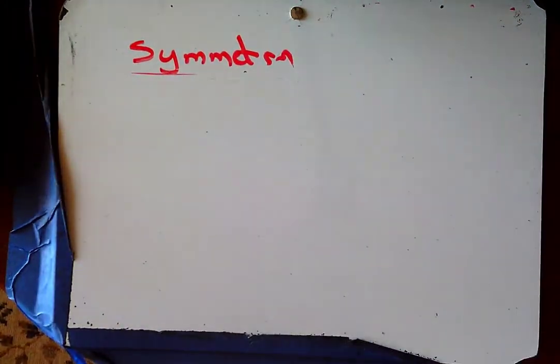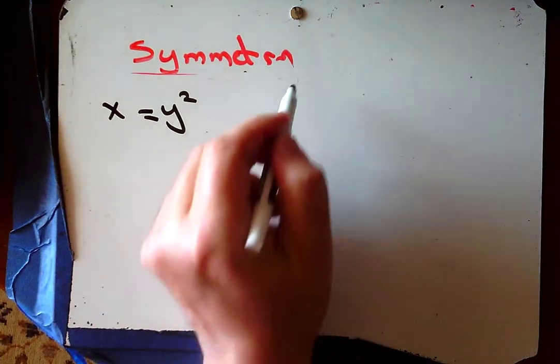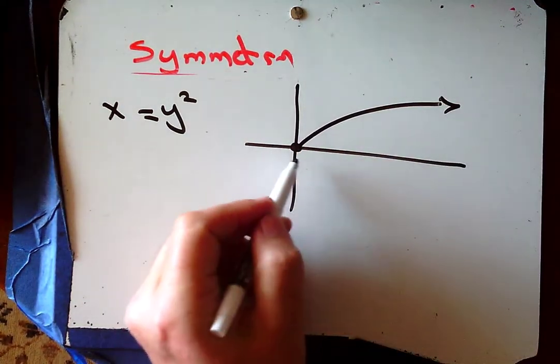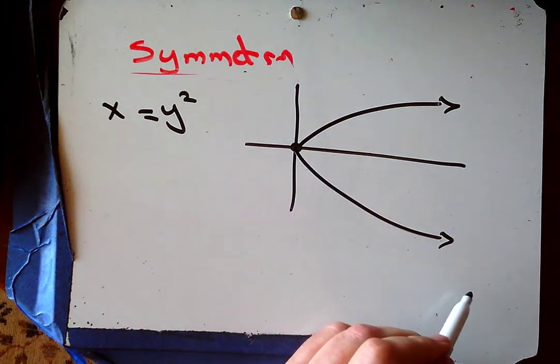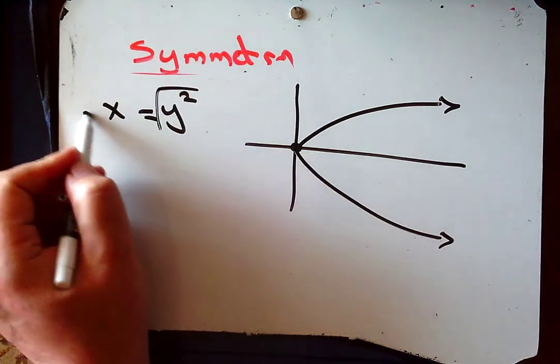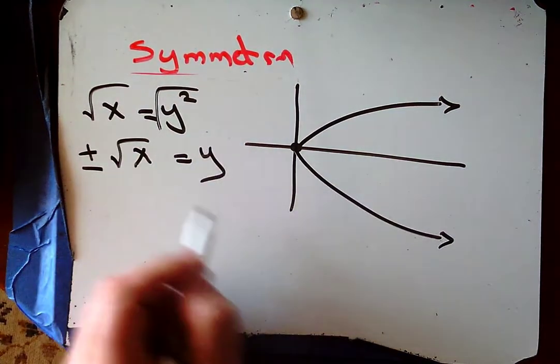How about this one? X equals y squared. X equals y squared looks like positive square root of x and negative square root of x. Right? We could take the square root of both sides, don't forget the plus or minus, and get this.